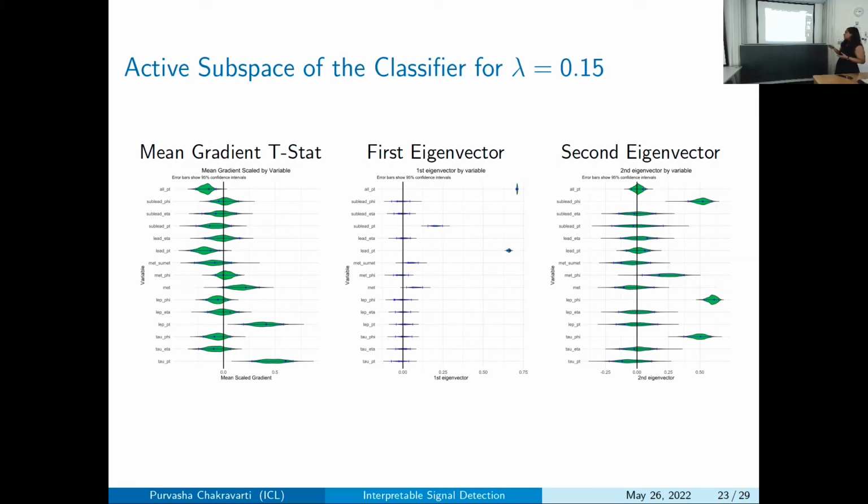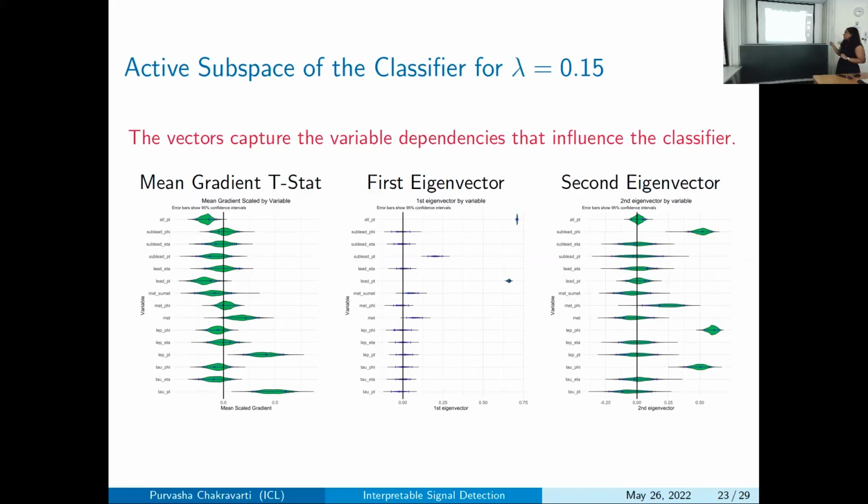It gives useful information in this case, especially when you have something like a random forest classifier where you don't really know what it's doing, right? And the added advantage is that these methods are not just telling you which variable is important. It's not really variable importance. It's more telling you what the variable dependencies are that are affecting the outcome.